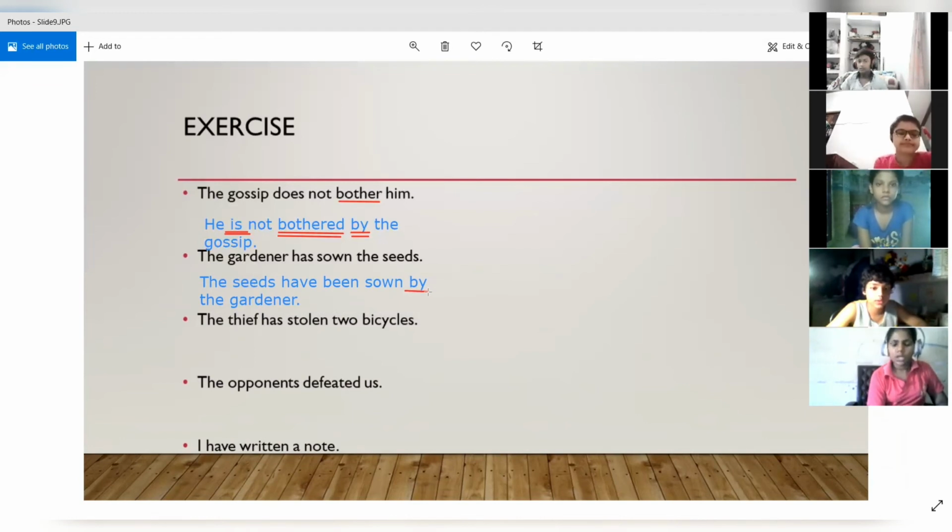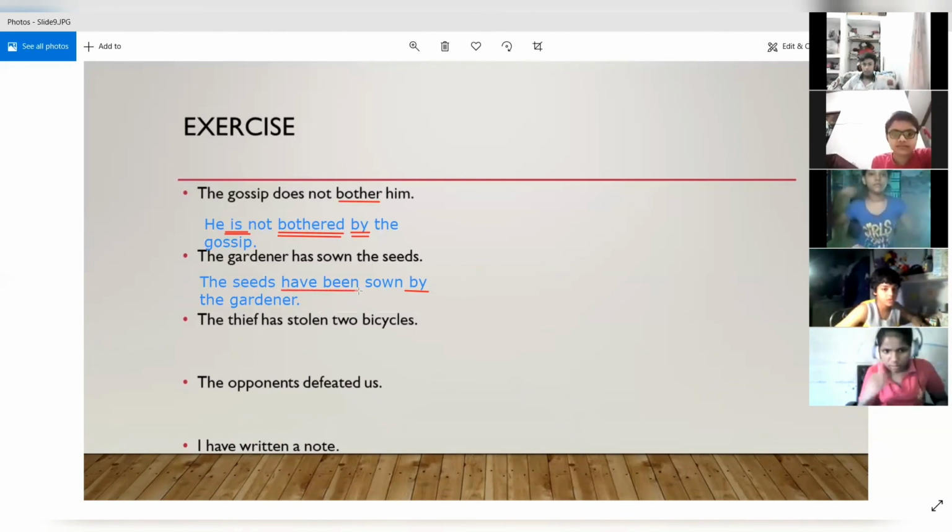So two rules have been followed. Now, what is the third thing? Have been has been used. So this is the correct form of the be verb that we had to use, right? And the third form of the verb was also required, and sown is the third form of the verb, right?